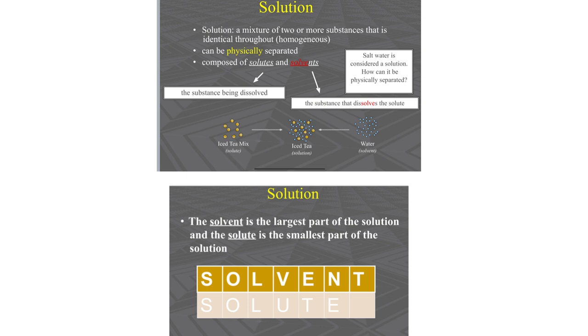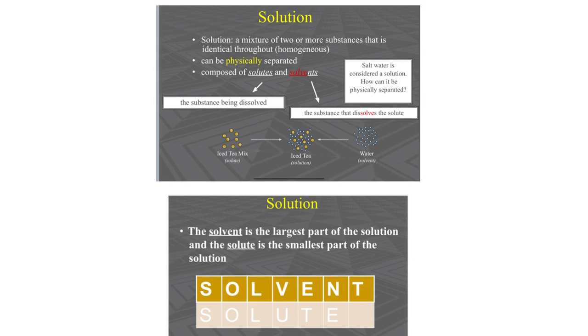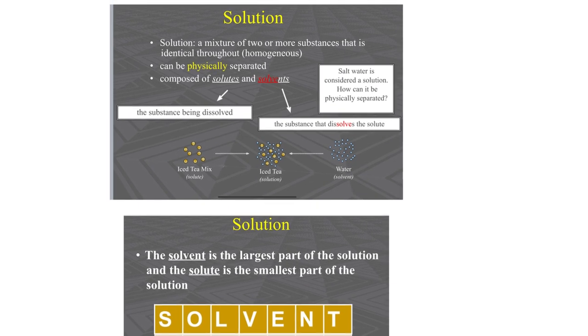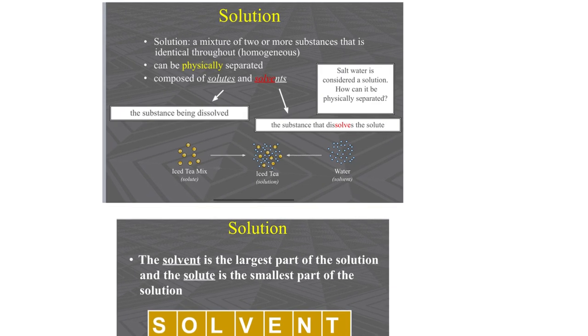Okay, so we're done with bonding. Now we're just talking a little bit about some extra things that will pop up in biology once in a while. A solution. Okay, think of soda pop, some like Dr. Pepper or something.